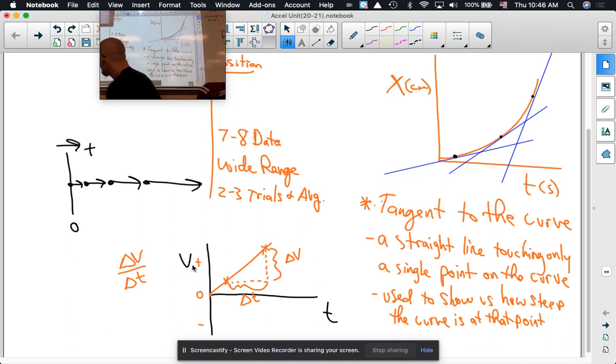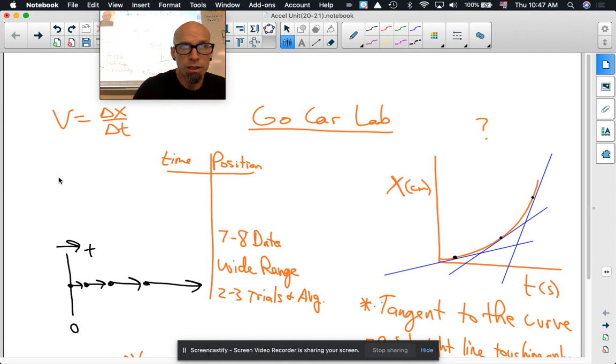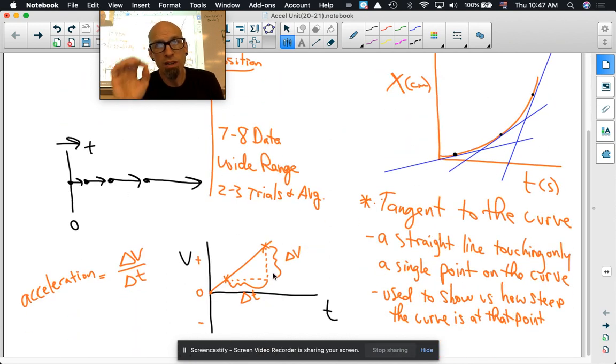So just like earlier with the tumble buggy, where the slope of a position-time graph tells us velocity, now the slope of a velocity-time graph tells us acceleration. It tells us how much the velocity changes for every one moment in time. Okay? Hopefully I haven't lost anybody yet.